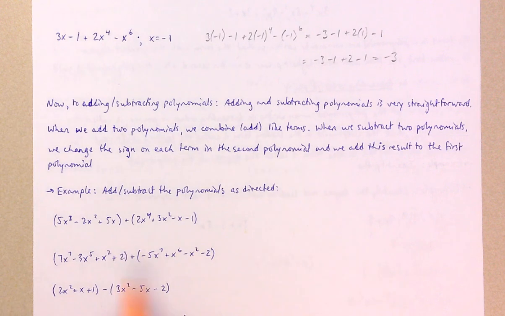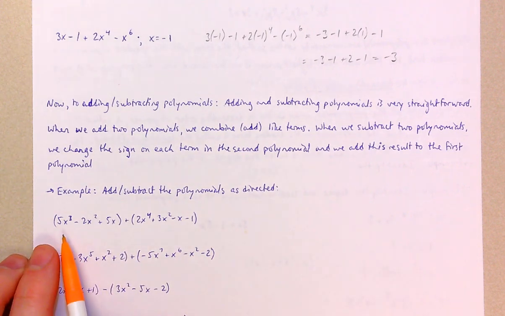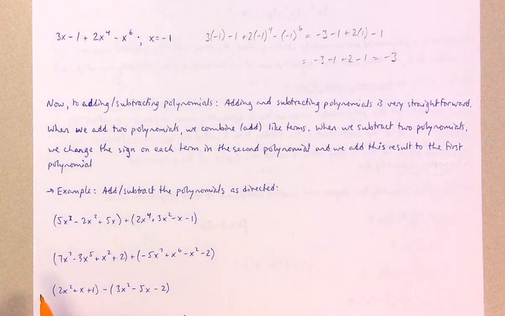First one, I'm going to add 5x cubed minus 2x squared plus 5x and 2x to the 4th plus 3x squared minus x minus 1. So, I need to identify what terms, if any, are like terms.